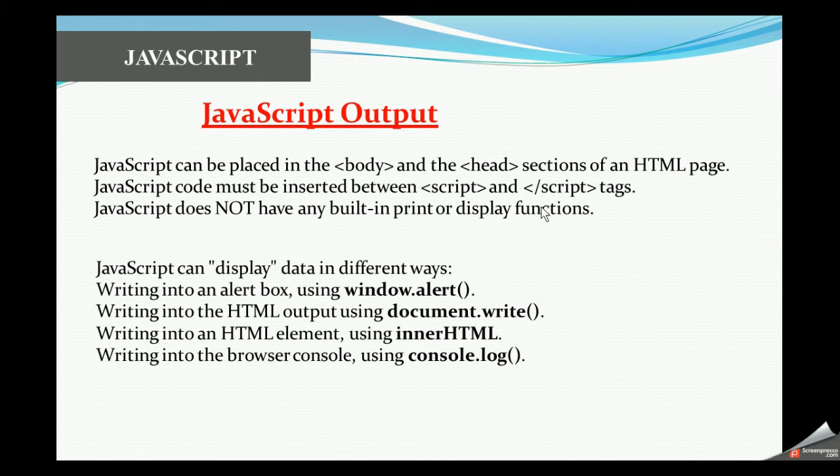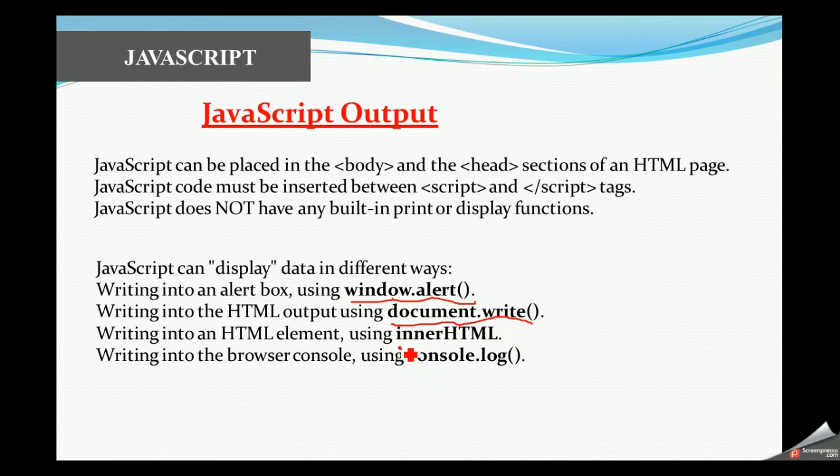Now if I want to show the display in different ways: suppose you are writing an output program and you want a pop-up window to appear and show you the output, you will write window.alert. If I want to get a simple output on the screen, we will write document.write.